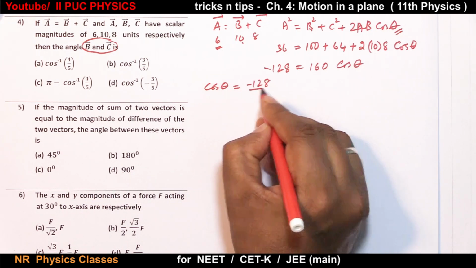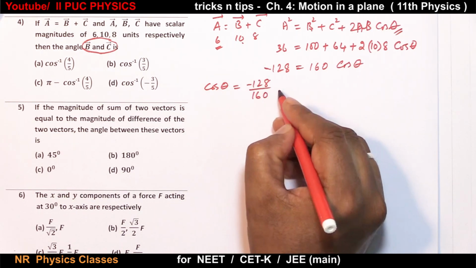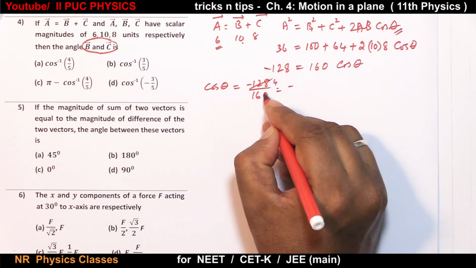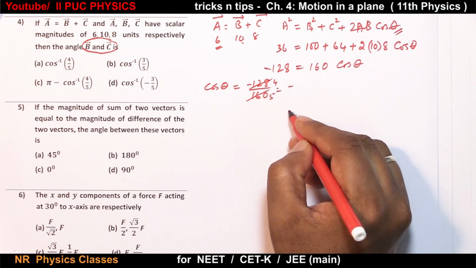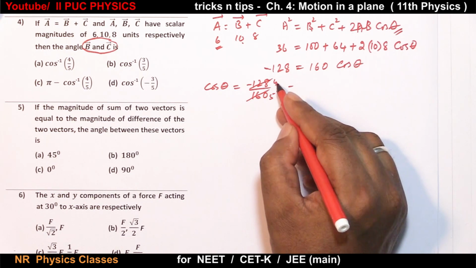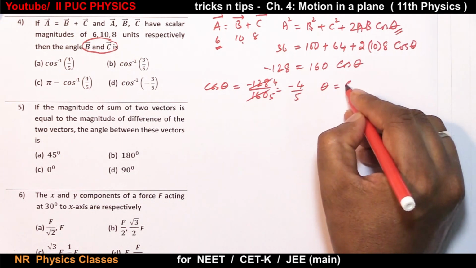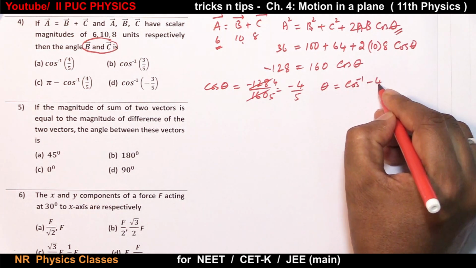minus 128 by 160, or else minus 32 4 times, 32 5 times. With little simplification we get 4 by 5. So minus 4 by 5. So theta is cos inverse of minus 4 by 5.